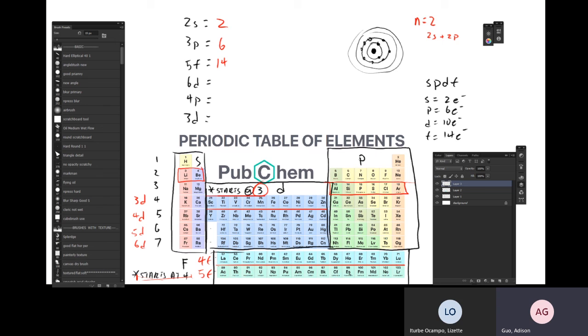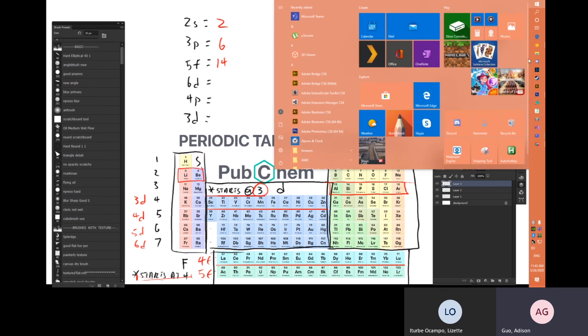No, 6D. And remember, 6D is this one right over here. 1, 2, 3, 4, 5, 9? Am I counting right? Oh, that's strange. Hold on.